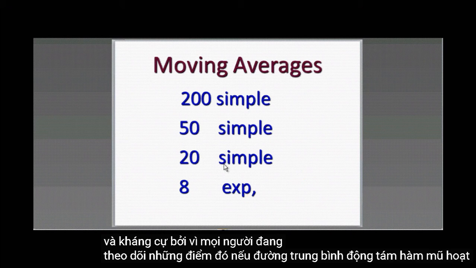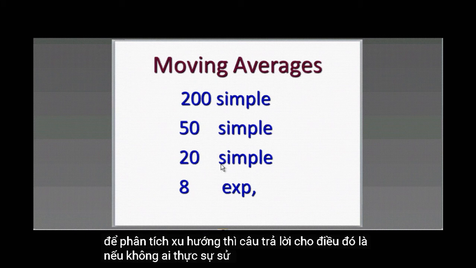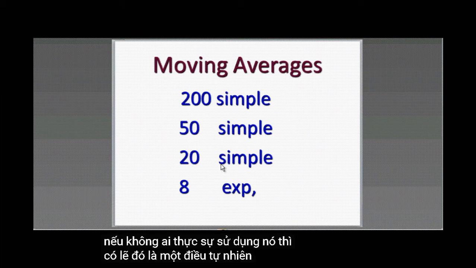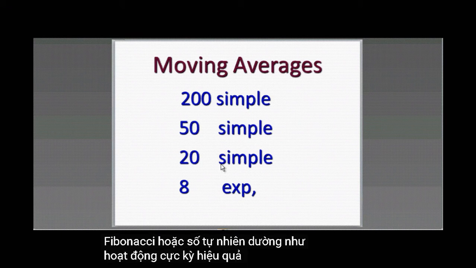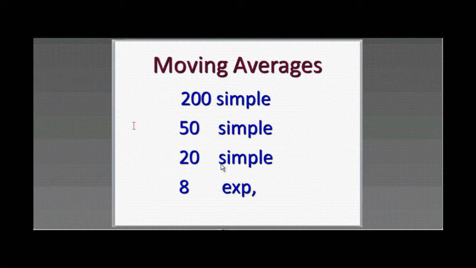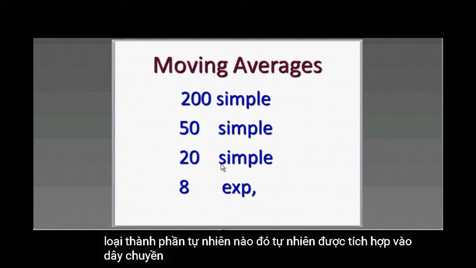If the 8 exponential moving average is working extremely well for trend analysis, and nobody's really using it, then it's probably got to be some sort of natural investor, I don't know what you would call it, just like Fibonacci numbers are natural numbers that seem to work extremely well with human nature. Exactly. So anyways, we've got one very simple rule. So that basically implies there's got to be some sort of natural ingredient built into the T-line.